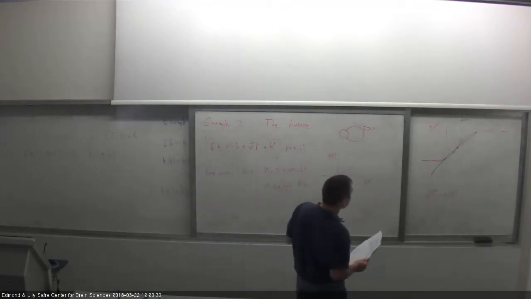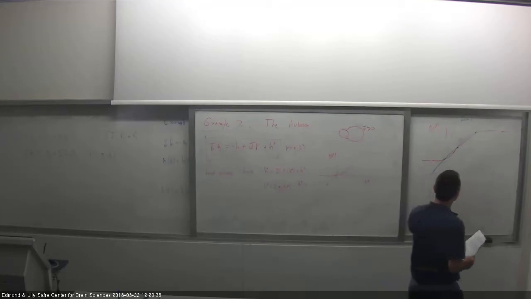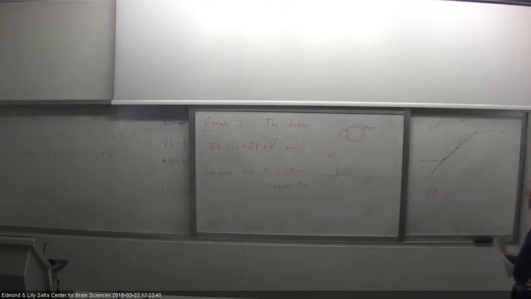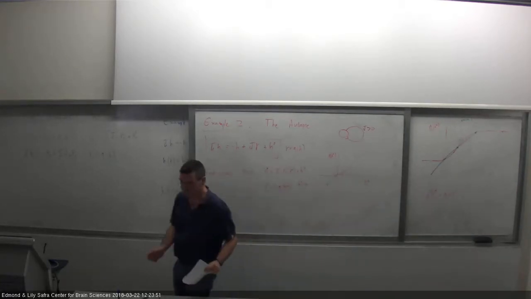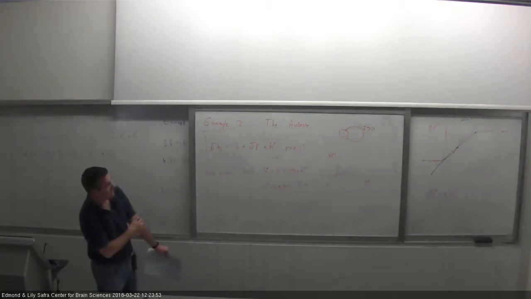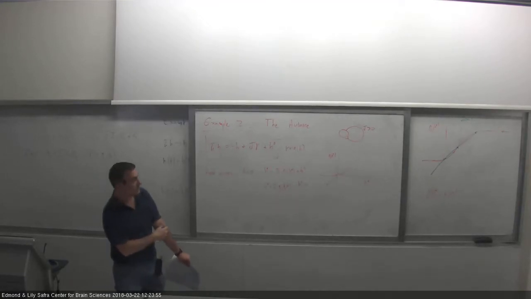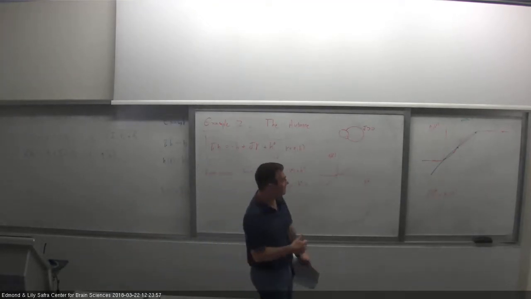Okay, so we found the fixed points. What's the next step? Classify them. What do you mean by classify them? Stability. Analyze the stability of the fixed points. So how are we going to do that?